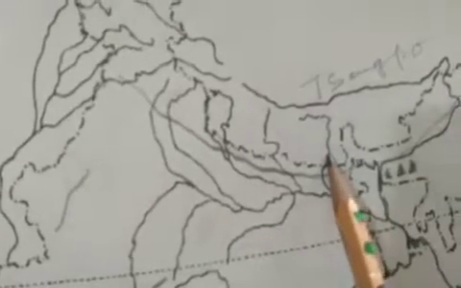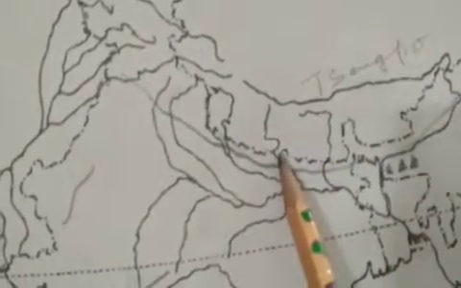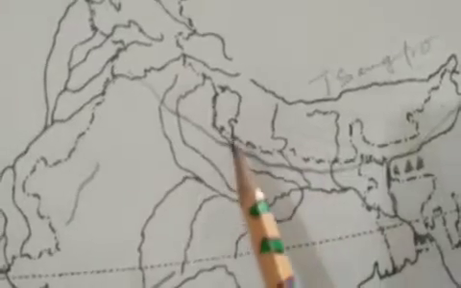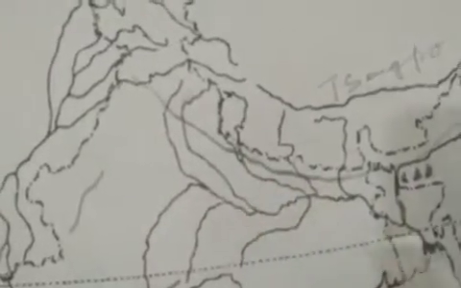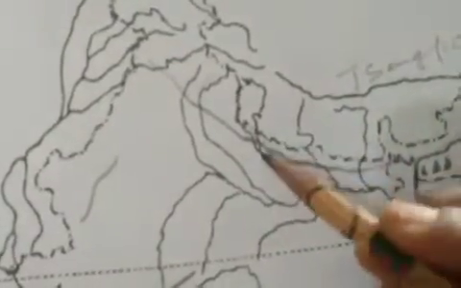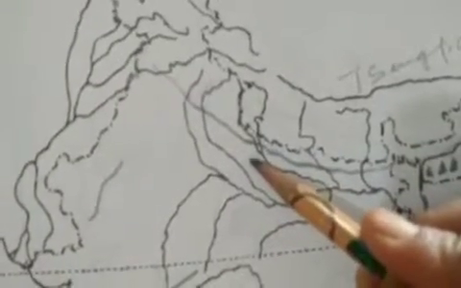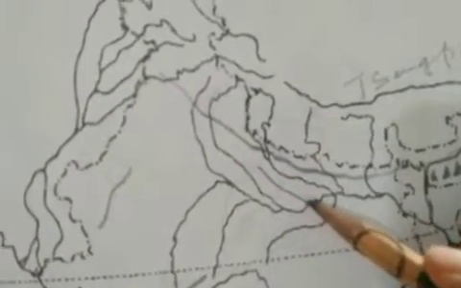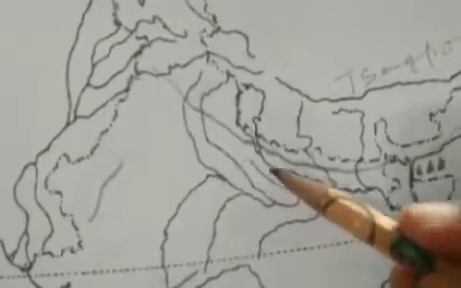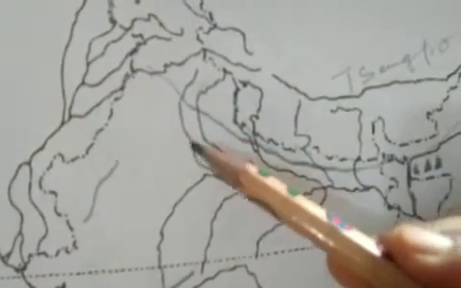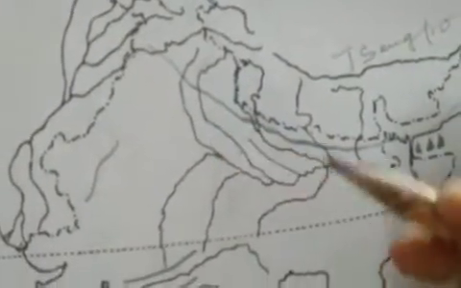Okay, let's start from here. Kosi, Gandak, Ghagra. Gomti river is in your syllabus, but it is not made here. You just mark Gomti river. Then Ganga. Then we have Yamuna.